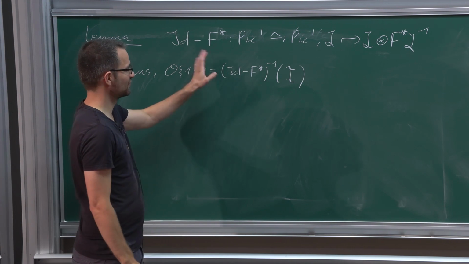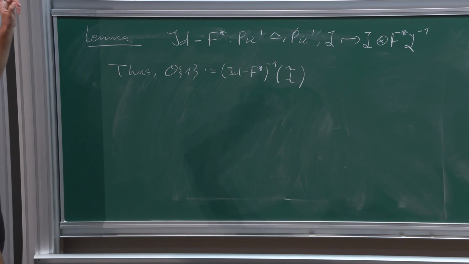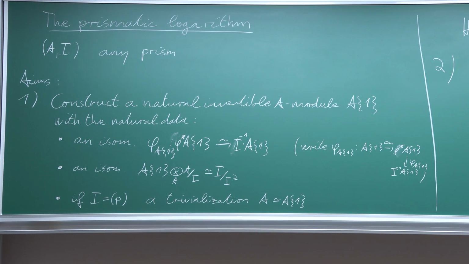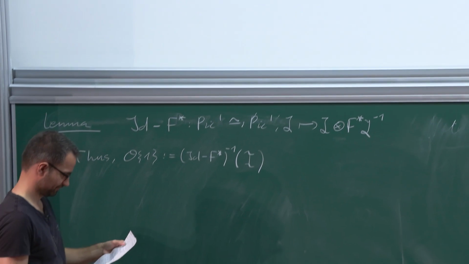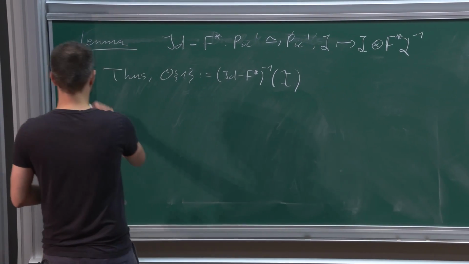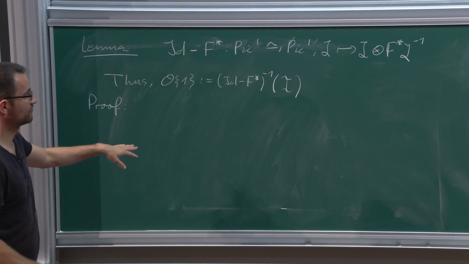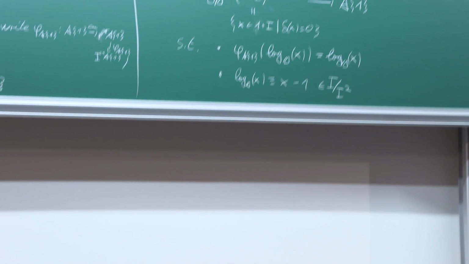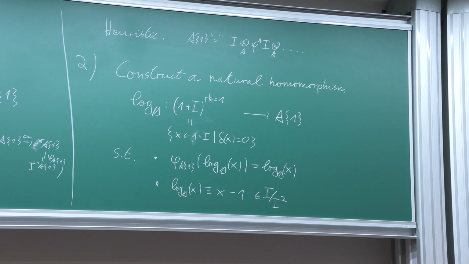And just by the definition of its map, it will exactly have the first and the third property, listed over there, if I pull it back to some prism. And so, the proof makes rigorous this heuristic that I've mentioned over there, namely that this infinite tensor product actually converges.